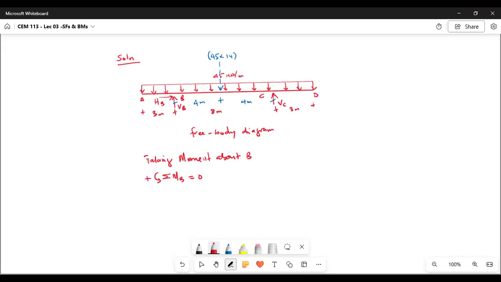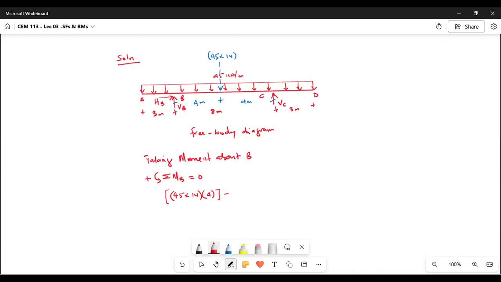Anti-clockwise is positive. So this time we have VB. We are taking moment about B, so these two forces will be 0. We have 45 times 14, that is the force, and the distance to B will be what? 4, in a square bracket.